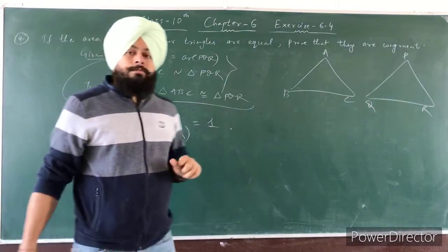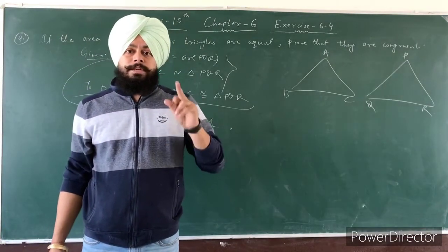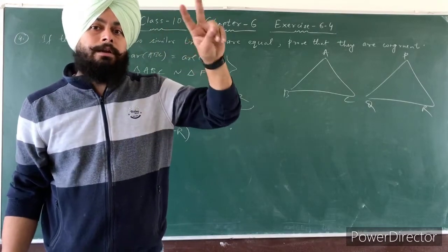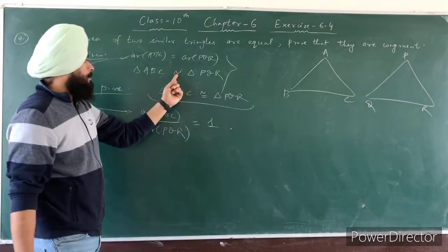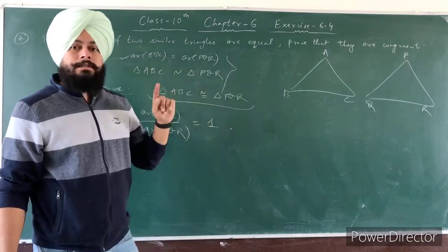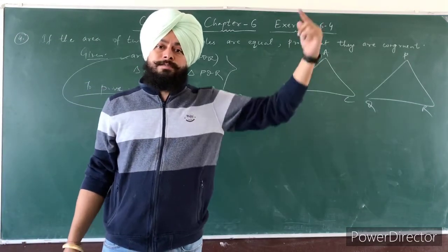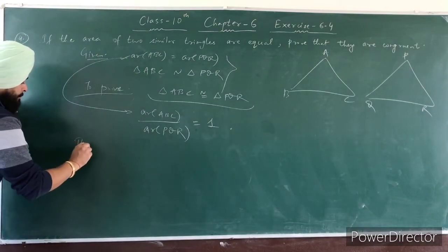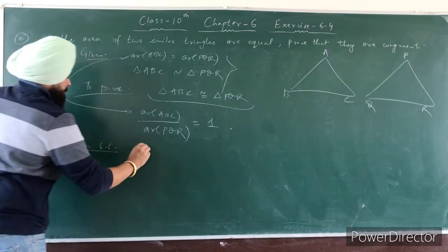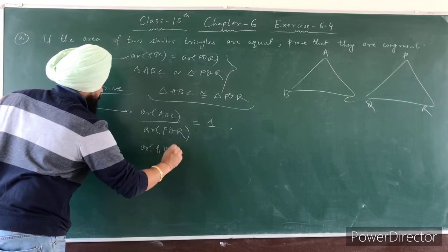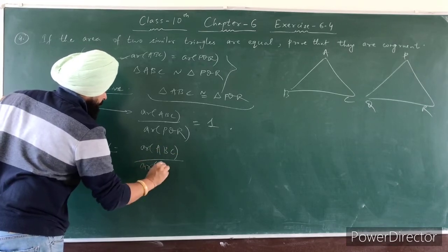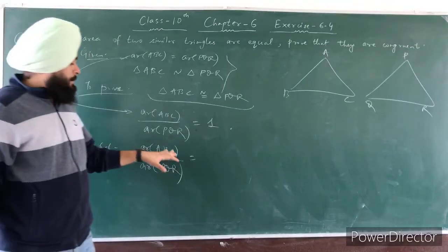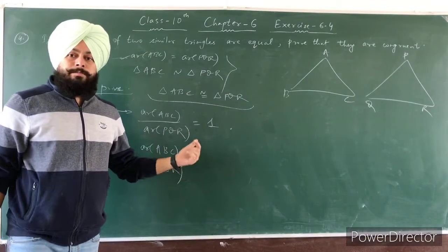Now, from theorem 6.6, the statement is the ratio of the areas of two similar triangles is equal to the square of their corresponding sides. So from theorem 6.6, area of ABC over area of PQR is equal to the square of the corresponding sides.